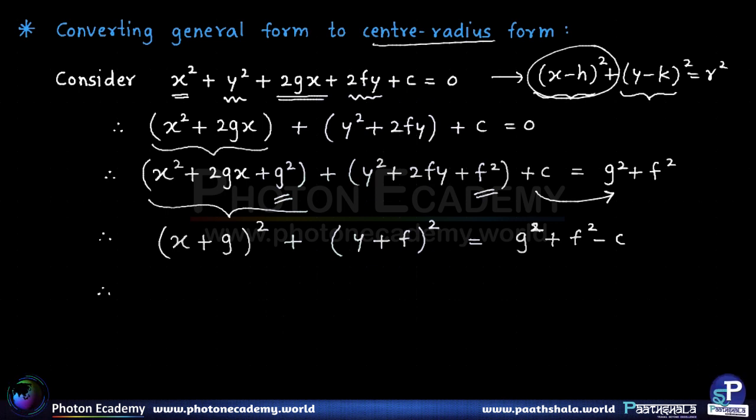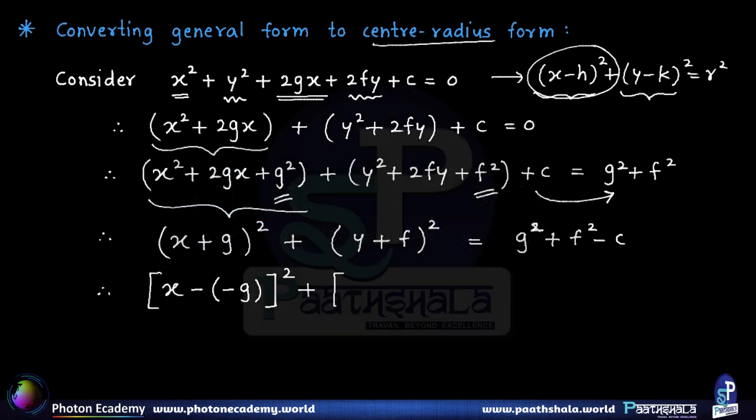But if we have x plus g, we write it as x minus of minus g, right, the whole square, plus y minus of minus f, the whole square, is equal to, and on the right side we want to express it as a square of radius.